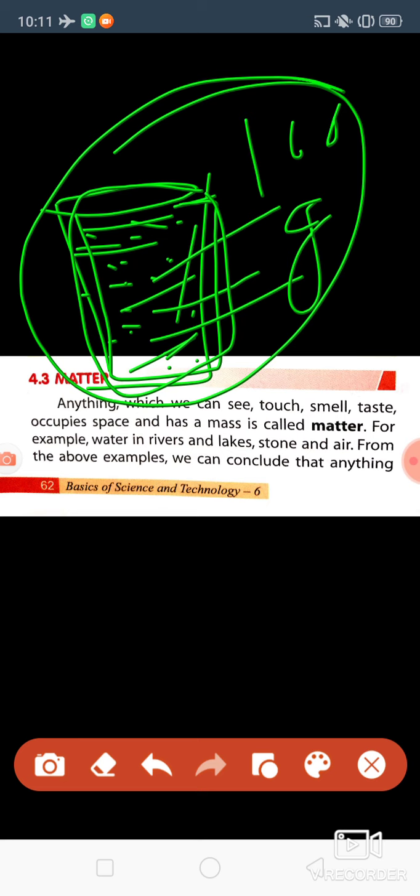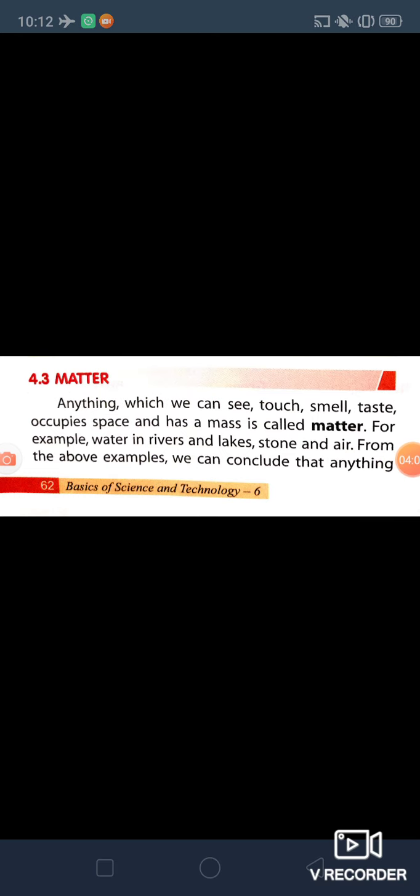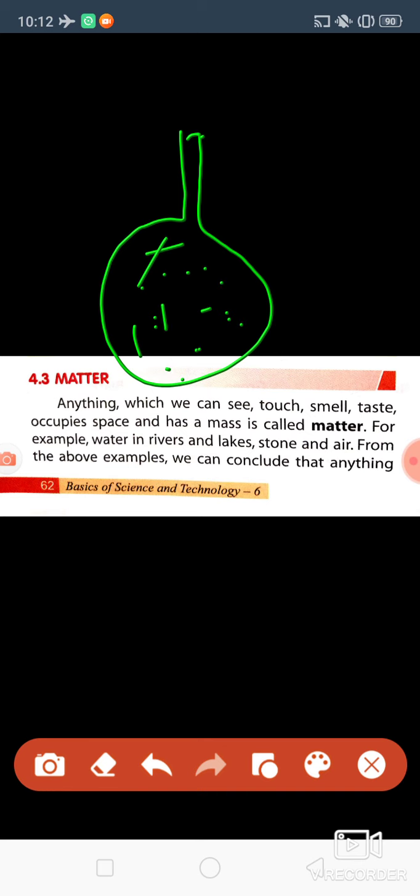Now if you have confusion that we cannot see air, then how can we say that air is also matter? Yes, I'll tell you with an example. Suppose we take one balloon. Inside the balloon what is there? Air. If air were not there, this balloon would be of very small size.